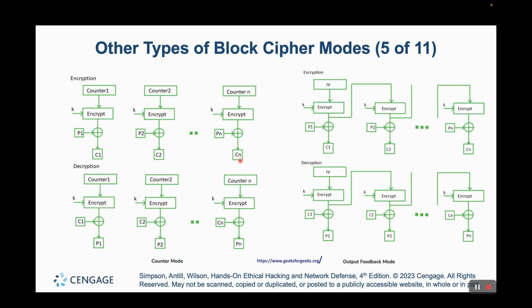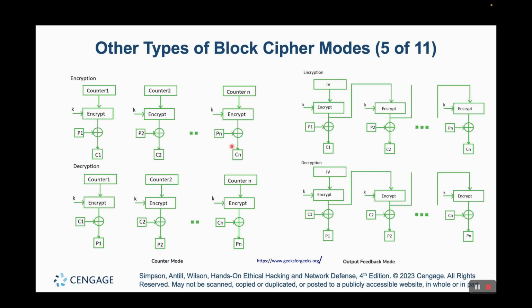Now, the mode is very efficient, by the way, and it's often used in streaming applications. And if you research online, you will see many other modes. The choice of block cipher mode depends on the specific application.